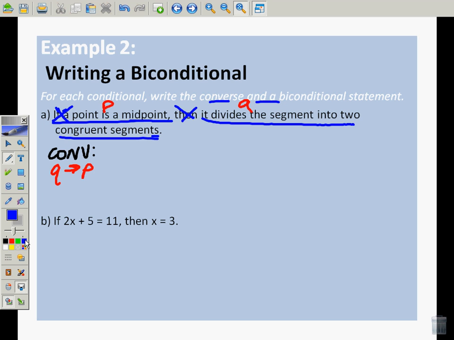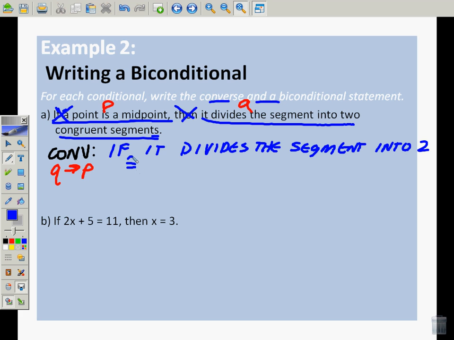If it divides the segment into two congruent segments, then it's a midpoint.